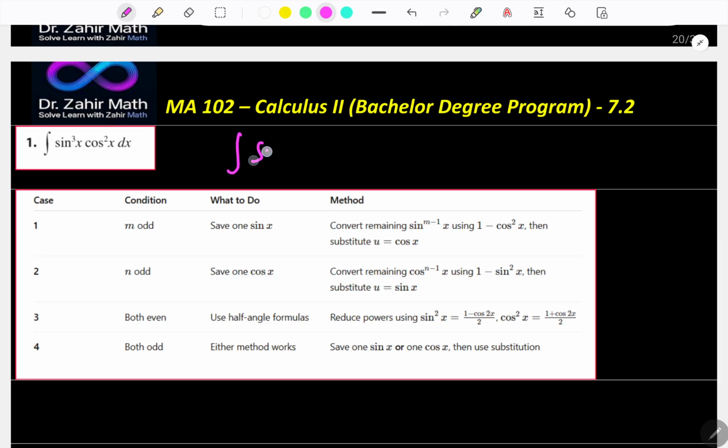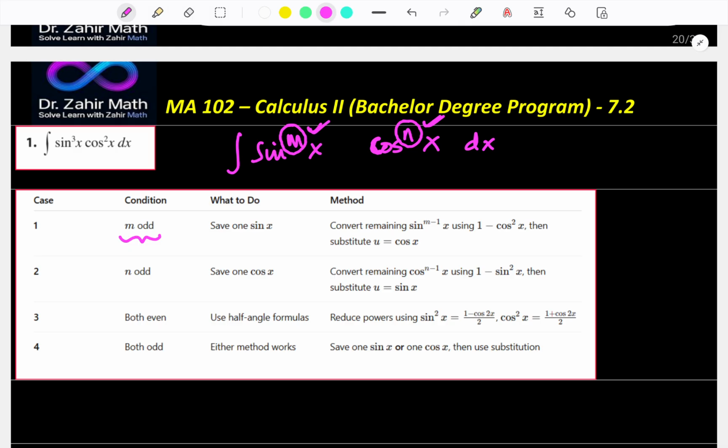This is of the model integral sine power m x cosine power n x. Always power of sine is m and always the power of cosine is n. If there is a situation like this, what you need to do? m is odd number, because there is odd possibility, even possibility is there.